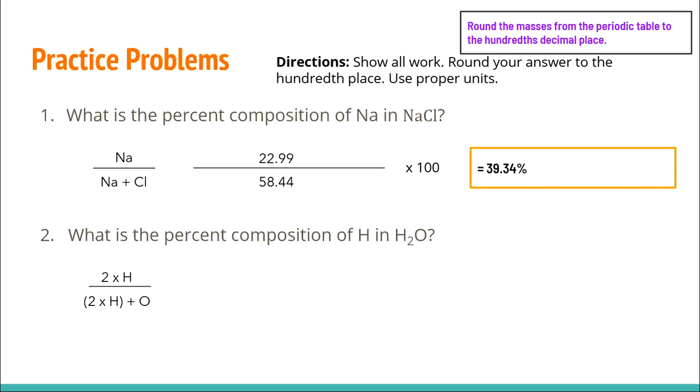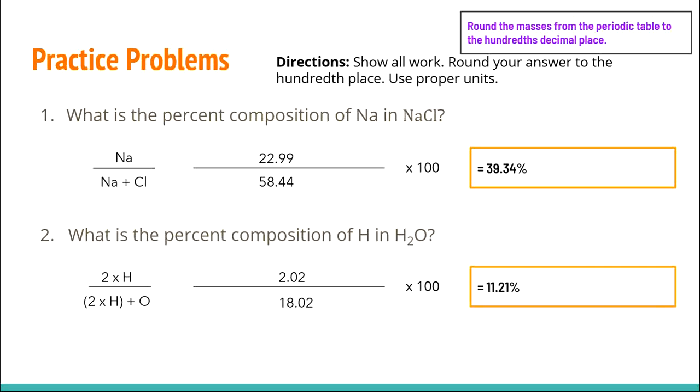The mass of hydrogen is 1.01. And we're going to multiply that by 2, again, because there are 2 hydrogens. And on the bottom, we multiply 2 times 1.01, and then you add the mass of oxygen, so that's 16. Let's go ahead and figure out the numbers for the numerator and the denominator. So 2.02, and the total mass is 18.02.